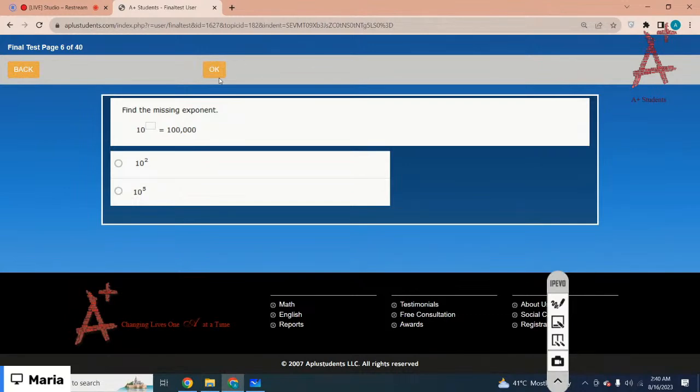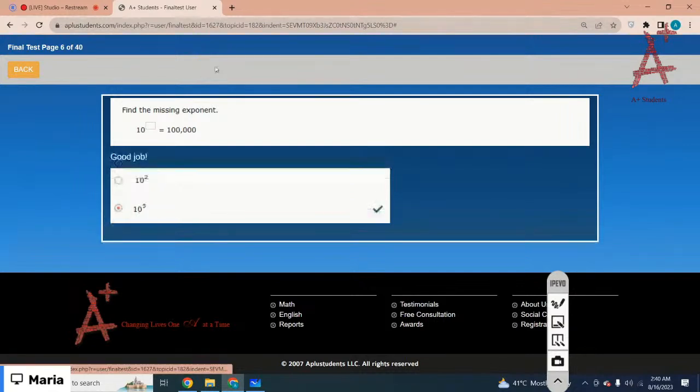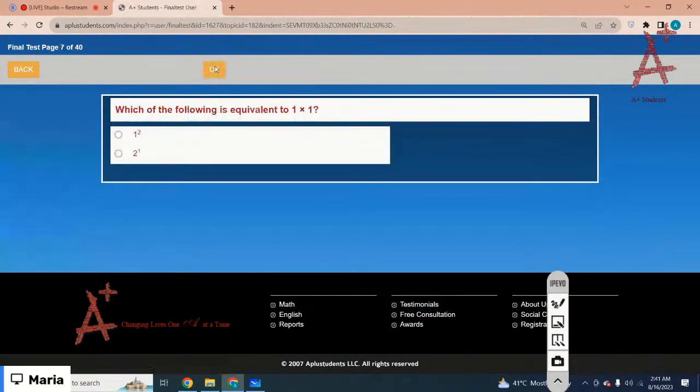Yes, it would be 10 exponent 5, because you have 5 zeros on the other side. Okay, which of the following is equivalent to 1 cross 1? Which is the correct option? Yes, 1 exponent 2, 1 square, is the correct option.